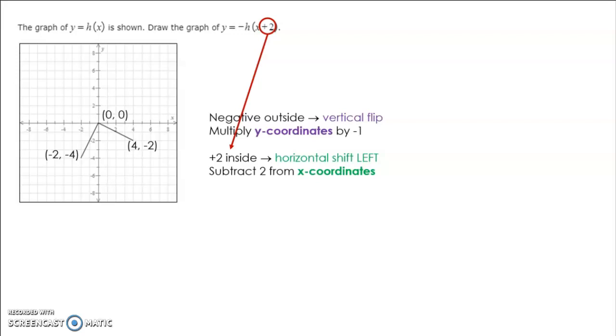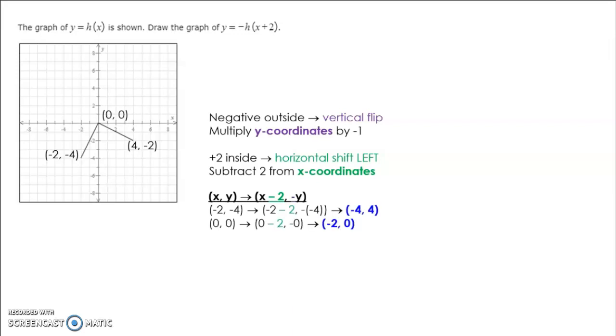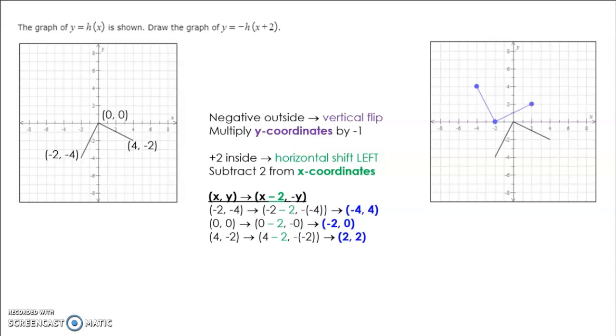Remember, I'm doing the opposite. So to sum it up or put it all together, I'm going to take my original ordered pair, subtract 2 from the x coordinate, and multiply the y coordinate by a -1. And here you can see the work for doing that for each of the ordered pairs. And then once I have the new ordered pair, I just plot them on my graph.